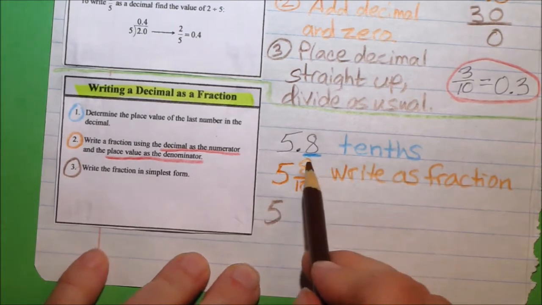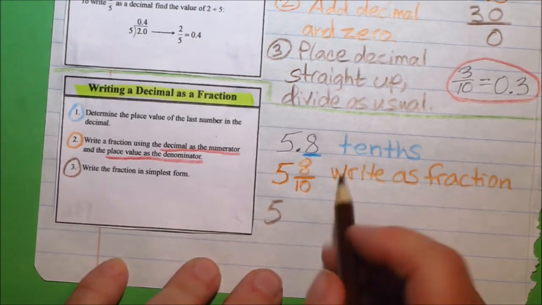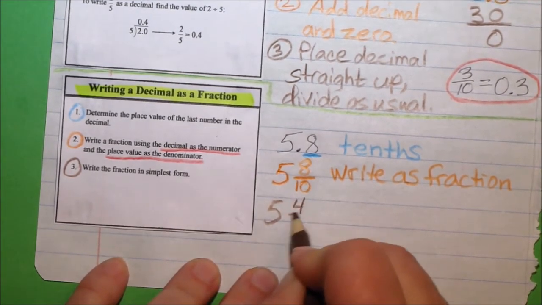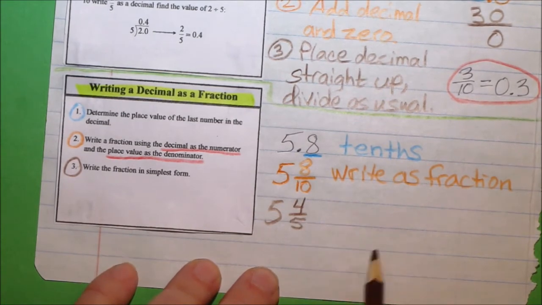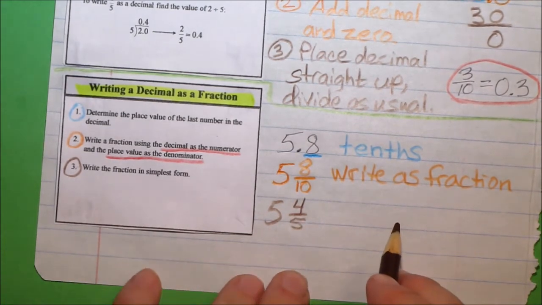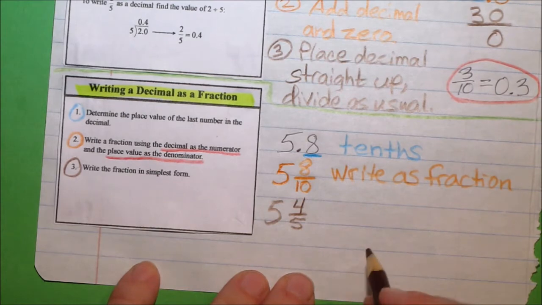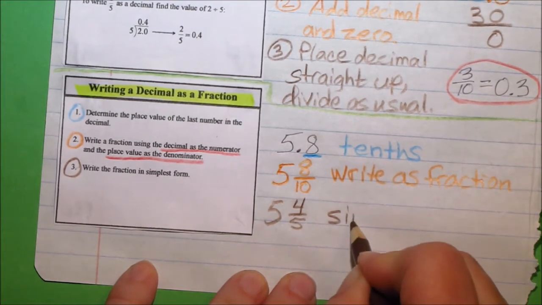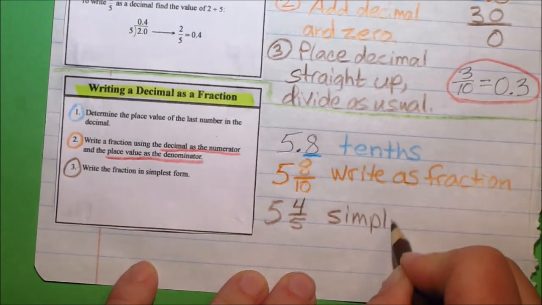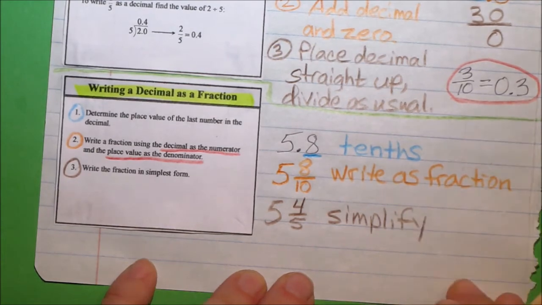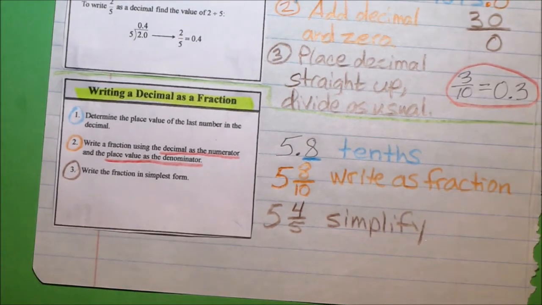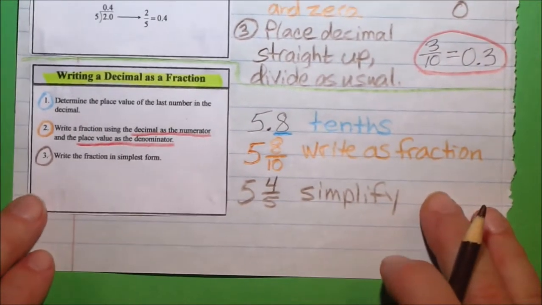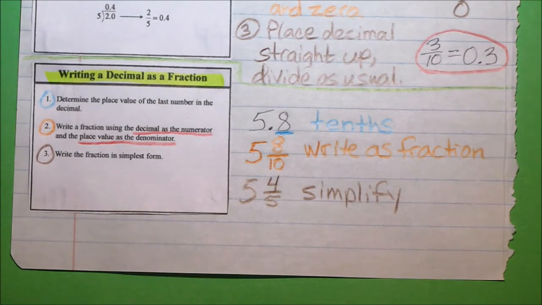I have 5 and 8/10. 8/10 can be simplified down to 4/5, because 2 can go into 8 4 times, and 2 can go into 10 5 times, and now it's simplified as far as it can go. So simplify is our third step when we're converting a decimal, or writing a decimal as a fraction. Converting, writing, I guess, same thing. All right. Okay, so that's how that one works.